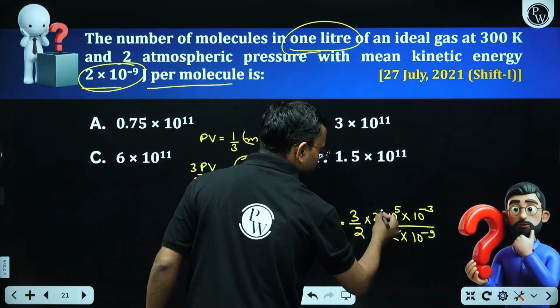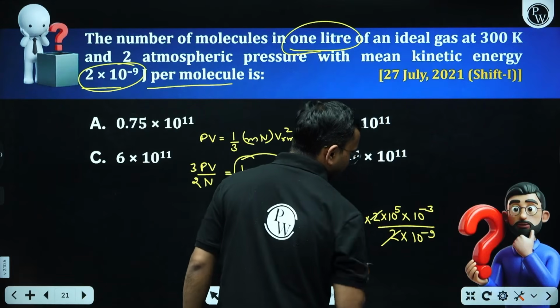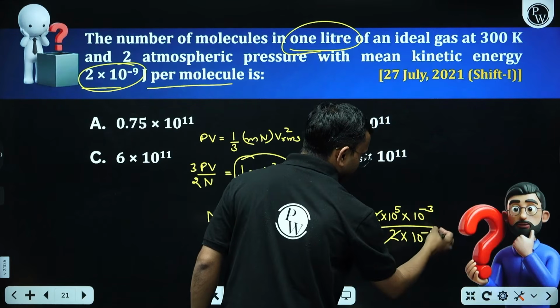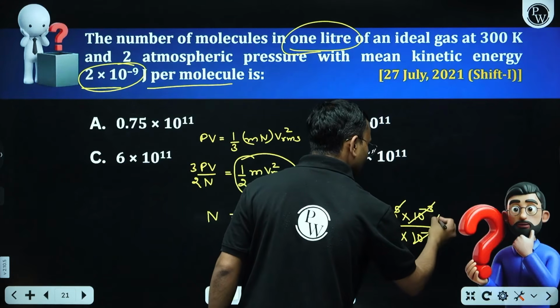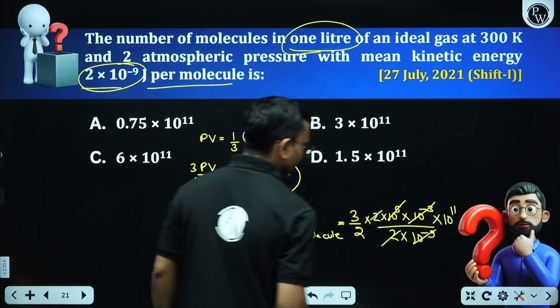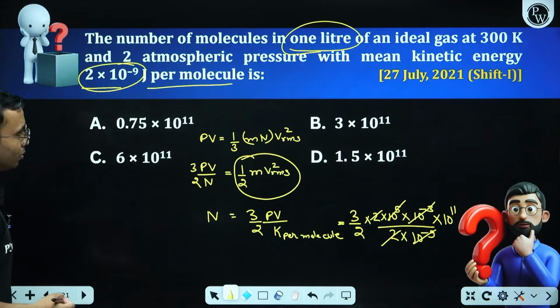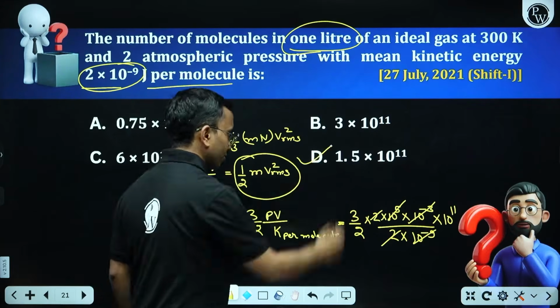Now this 2 is getting cancelled. 10 to the power minus 3, so this will become 10 to the power 6 in the numerator. So the whole thing will become 10 to the power 11. So this is 1.5 into 10 to the power 11.